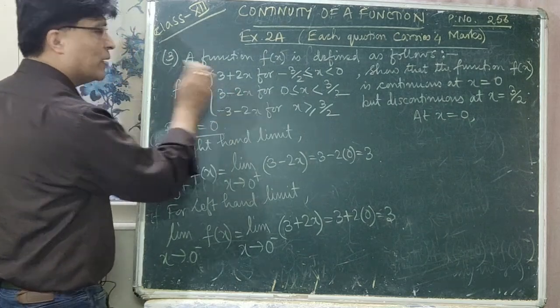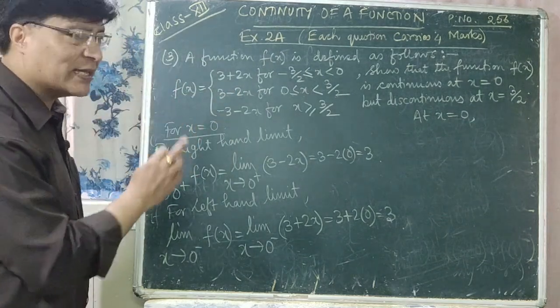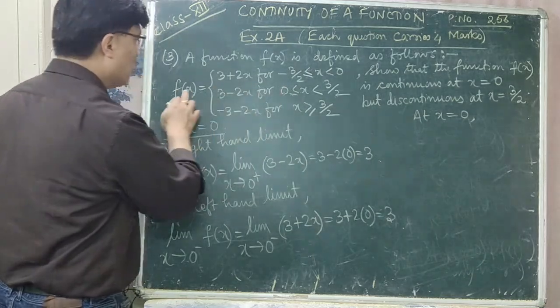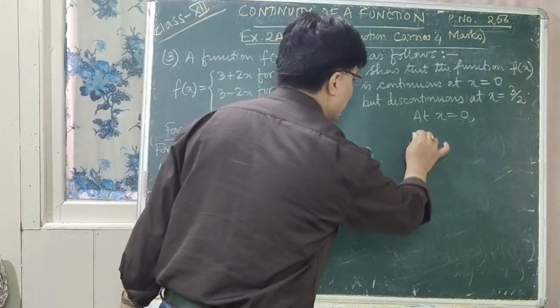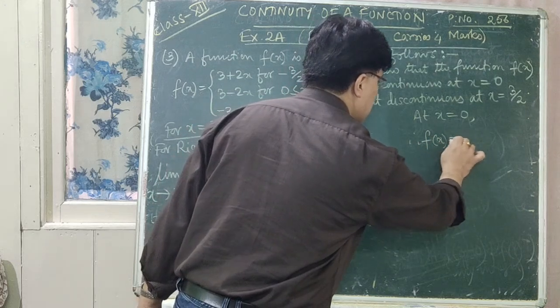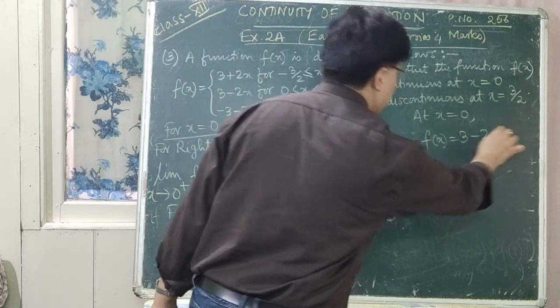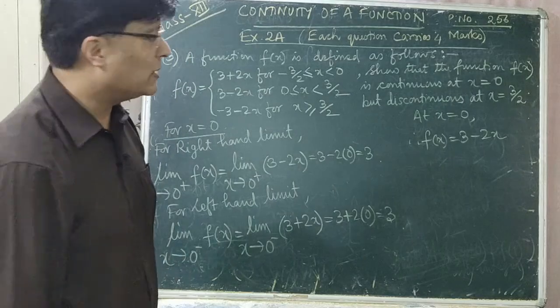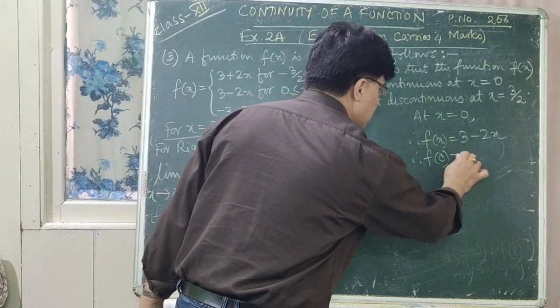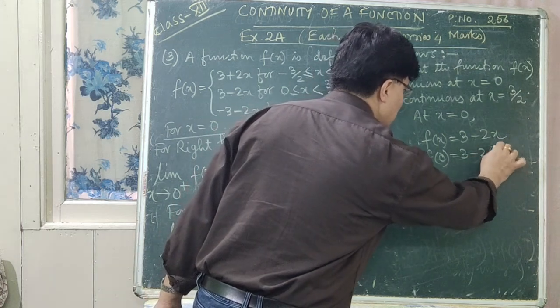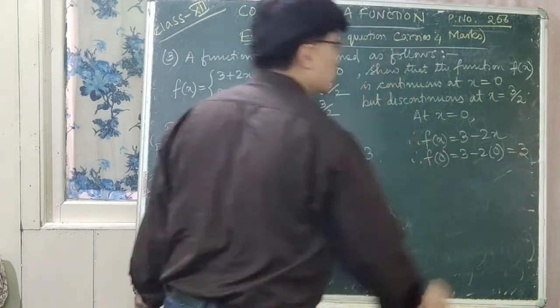It is 3 minus 2x, right? So here you can write f of x is equal to 3 minus 2x, and put x exactly equal to 0. Therefore f of 0 is equal to 3 minus 2 into 0, which is equal to 3.